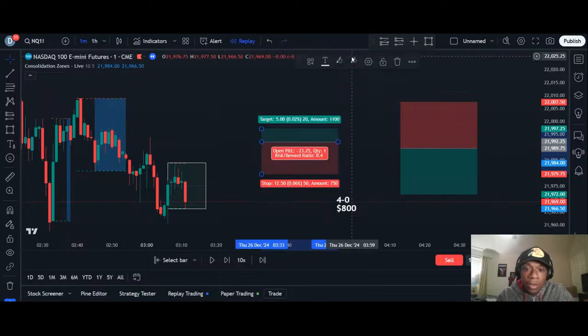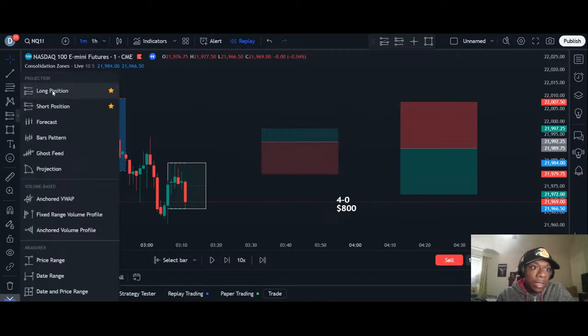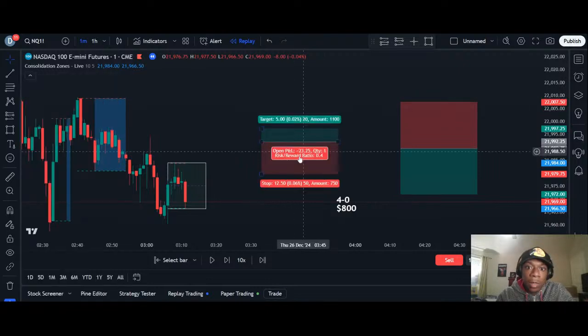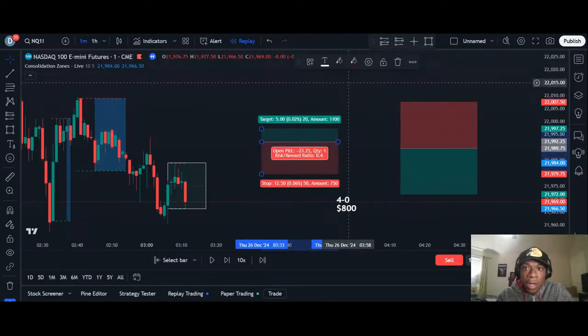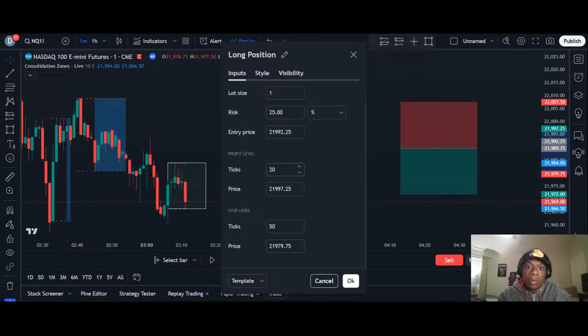And the way that you get to this screen, you go over here, you click long position, it'll pop up. Long position just means a buy. You click this little octagon or hexagon or pentagon, whatever you want to call it. I don't know what that is. You click settings and you go 20 tick profit, 50 tick SL.